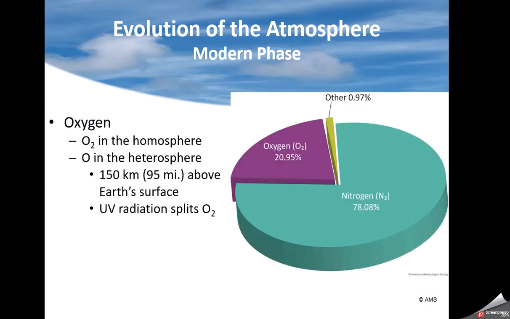Oxygen maintains its ratio throughout the whole atmosphere. In other words, oxygen at sea level is 20.95%. As you go higher up, oxygen is still the same percentage. However, at sea level, there are a lot more air molecules.